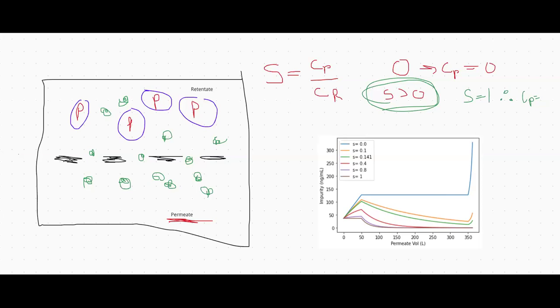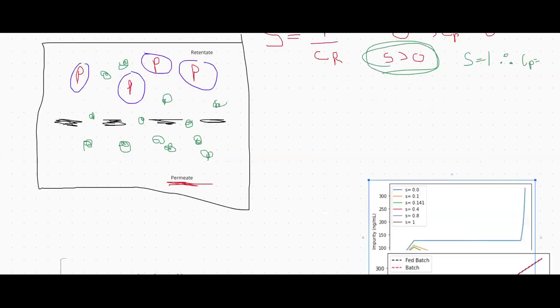But if it's equal to 1, it'll stay flat during your concentration steps and decay during diafiltration. So those are the extremes that are possible, depending on what your sieving factor is. Now, I'm going to move this out of the way.